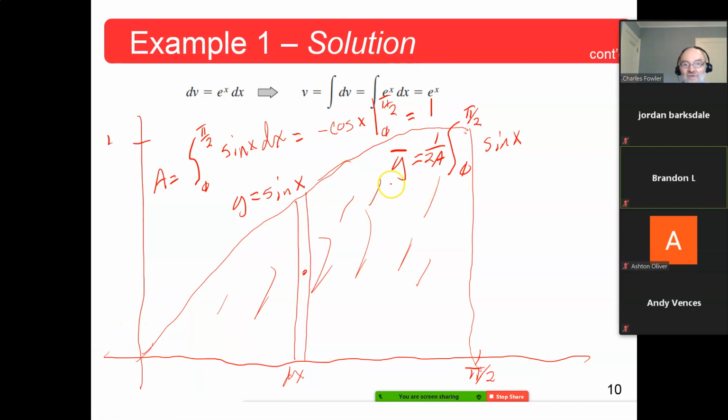Okay, so there's your 1/2. Now, that's 1/2 sine x, that's how far you go, times the height of this. So it's half the height times the height. Now it seems a bit bizarre, but that's exactly what it is.